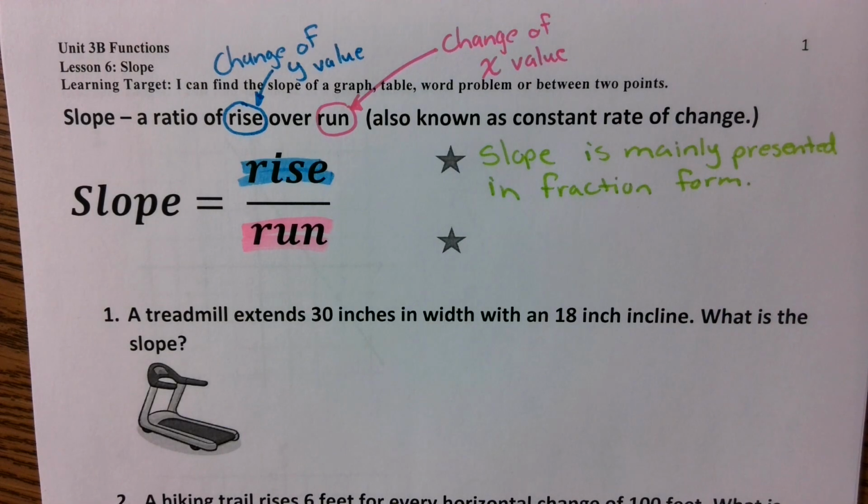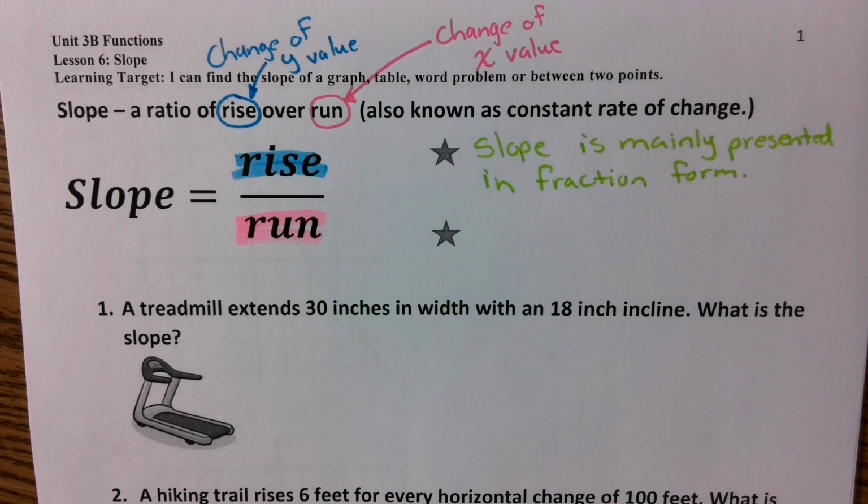The other important thing to understand is that it's kind of like a GPS. You guys know GPS, right? If you're trying to figure out where to go when you are leaving your house and you're trying to get directions to go somewhere, your GPS gives you those directions. It tells you to turn right here, turn left there, keep driving however many miles. It's the same thing with slope.